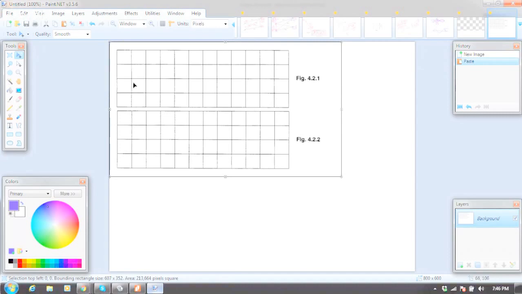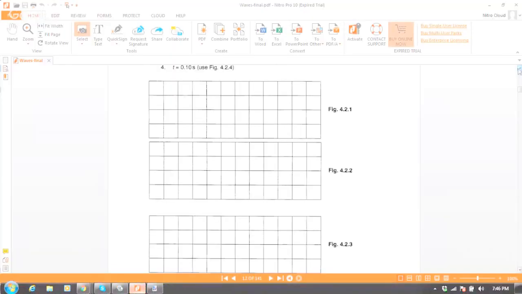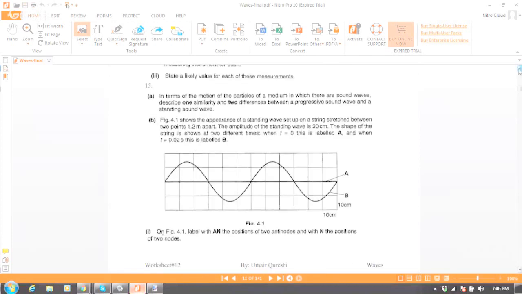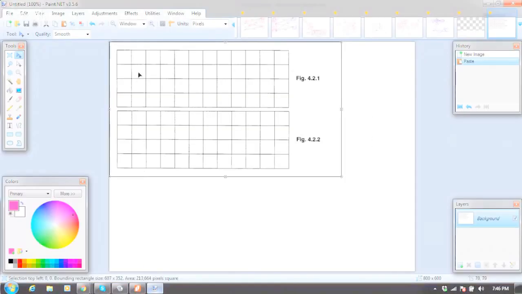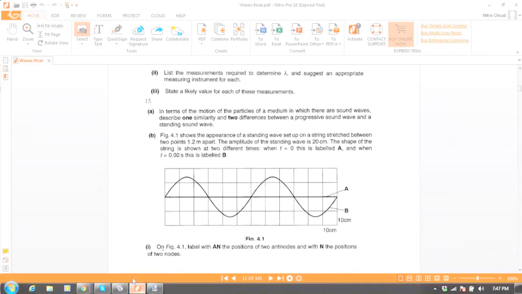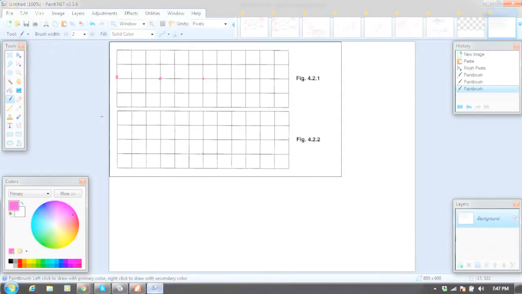Okay, so the question is, at 0.04 seconds the amplitude is maximum. I just check how many boxes its formation spans. 6 boxes. So this is the starting point. After 3 boxes is the crest and after a further 3 boxes there is a drop. And the amplitude it has gained is about 1.5.